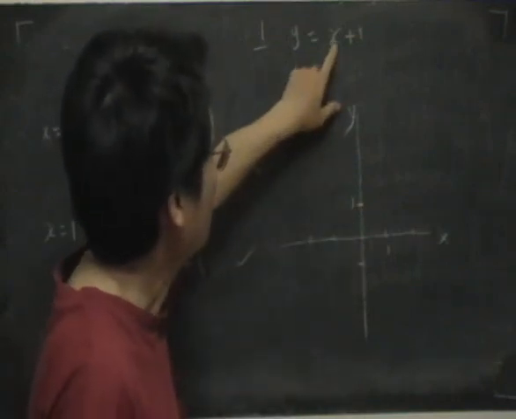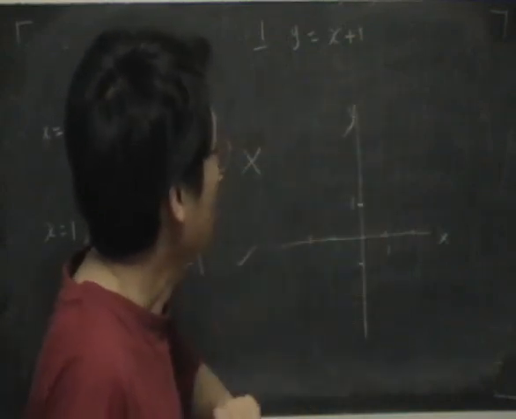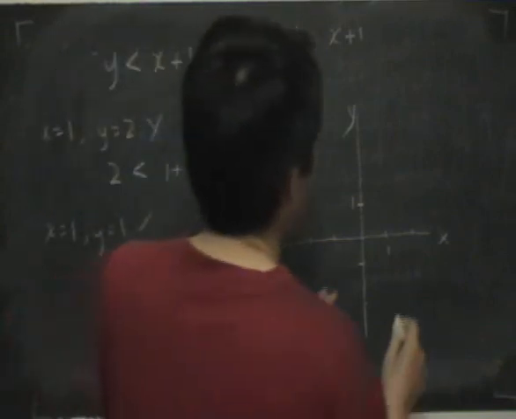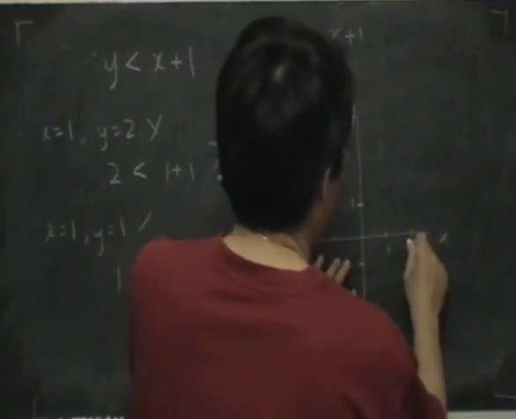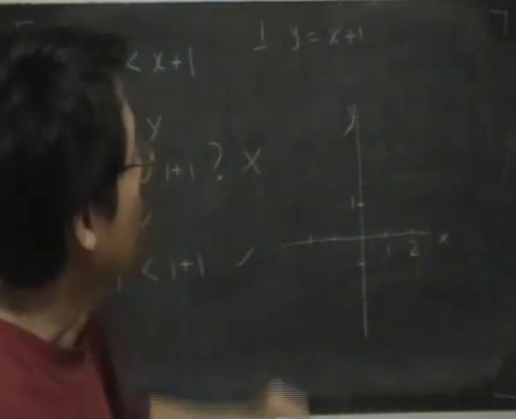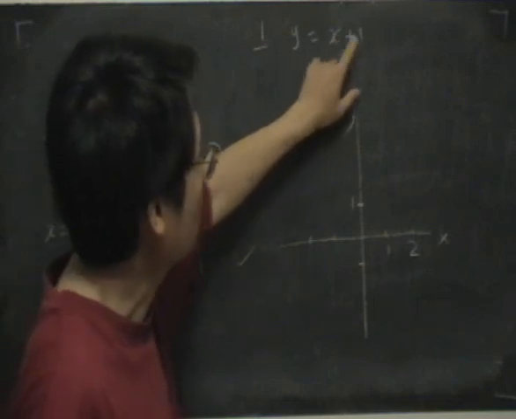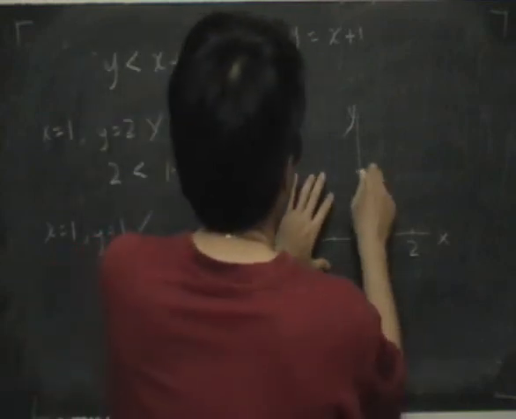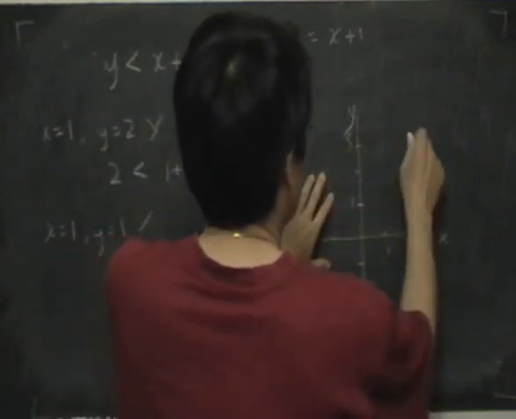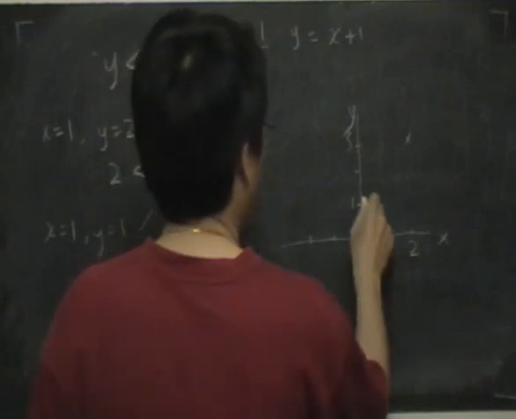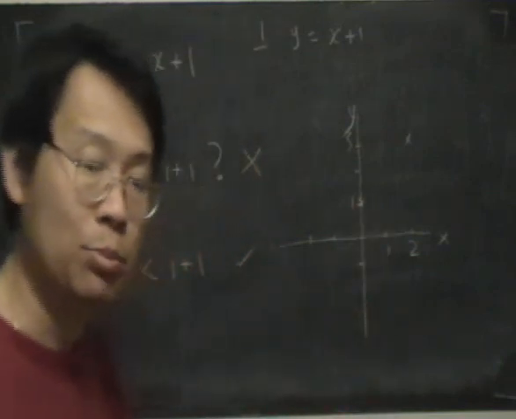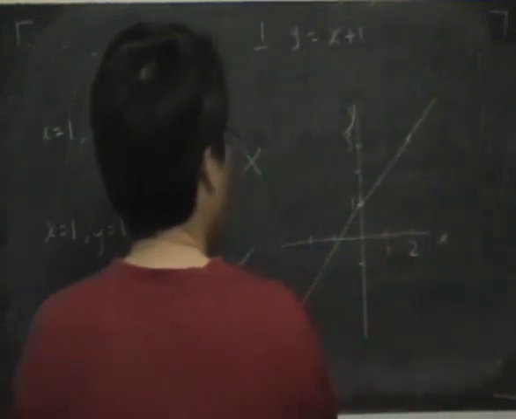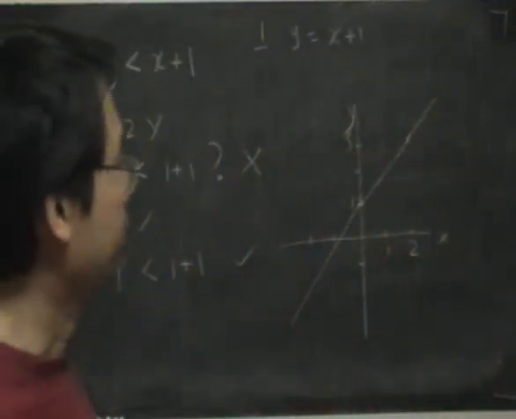Now let's find another point and we can draw a line. Let's say x is 2. If x is 2, 2 plus 1 is 3. So y is 3. Now I have 2 points and then I can draw a straight line. Okay, that's my straight line.